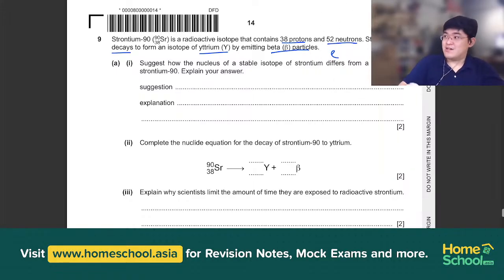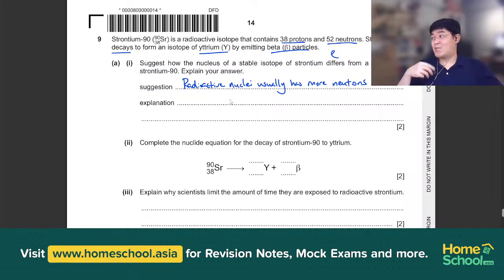In normal strontium, I'm not very sure how many it is, but from what I do remember, most nuclei have very similar numbers of protons and neutrons within this range. So a suggestion we can say is radioactive nuclei usually have more neutrons.